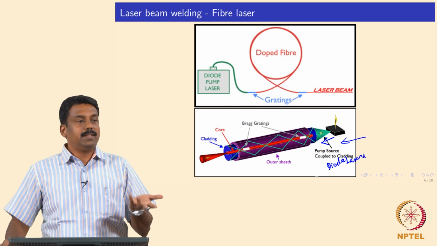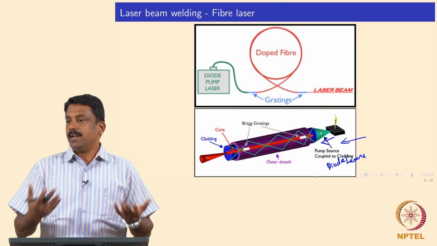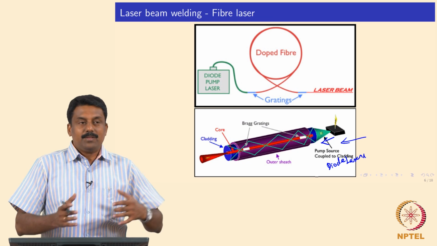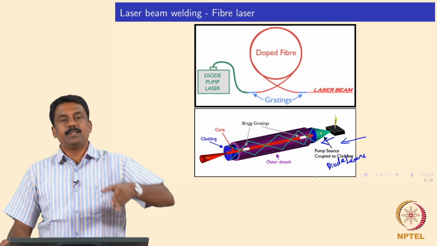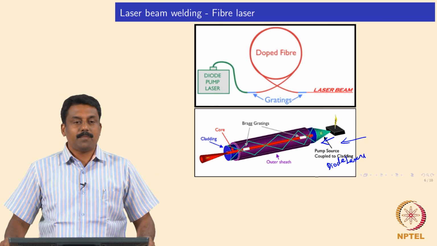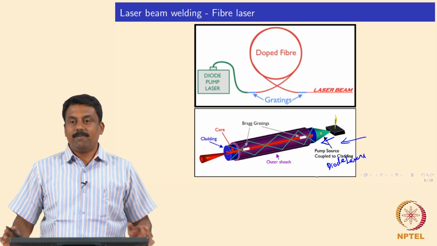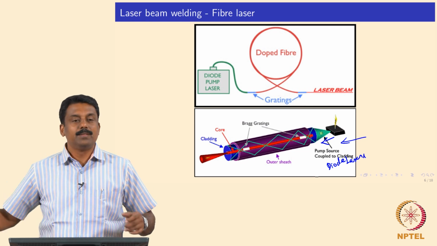The pumping source can be a laser or a lamp, a diode laser can be. So, if you have a 4 kilowatt Nd-YAG system, it will be a room-sized laser source, right, whereas a fiber can be in a small tabletop.